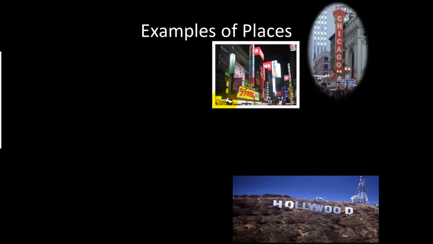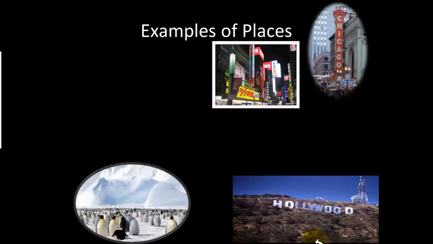This is what I want you to write. There are densely settled places all over the world like Tokyo, Chicago, and Los Angeles. Tokyo, Chicago, and Los Angeles are examples of places around the world that are densely populated.